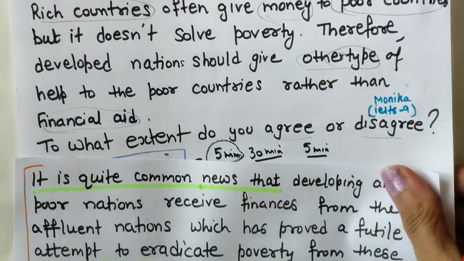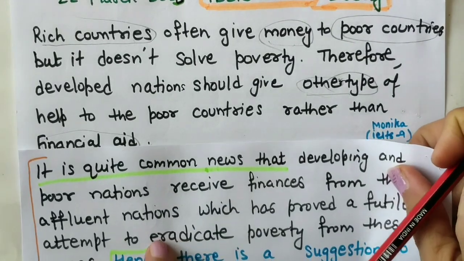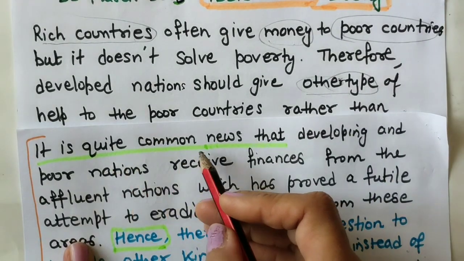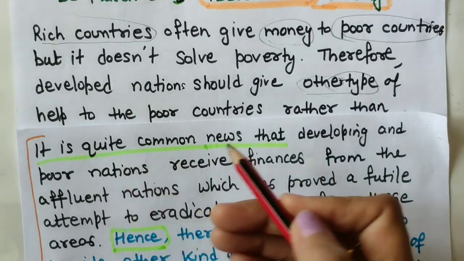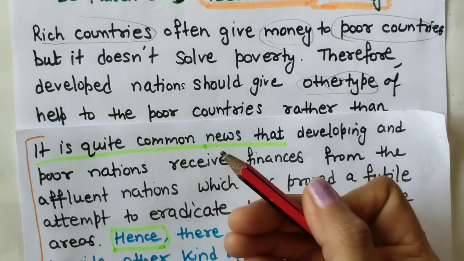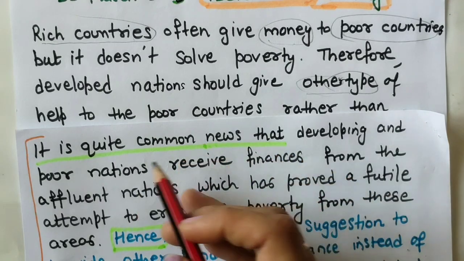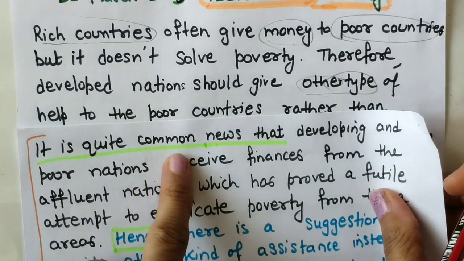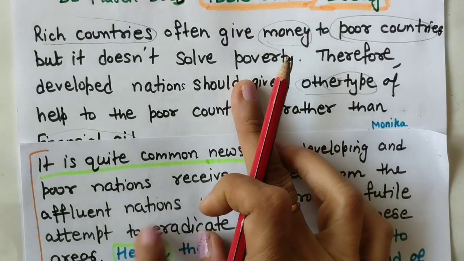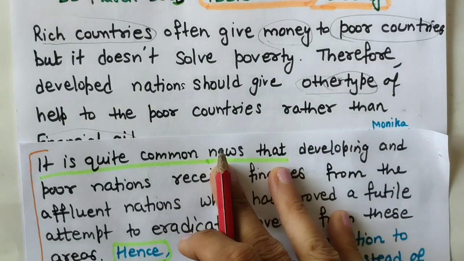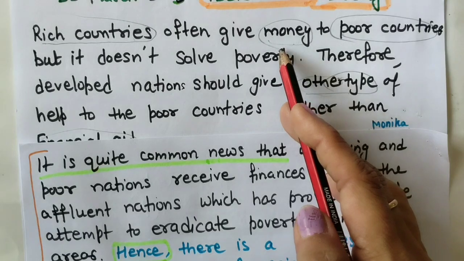So let's start with paraphrasing of the question statement. You can see how I have done it in the introduction. You can start with it is true that, or it is often argued that. Just write according to the statement; don't blindly follow any other templates, just read the question statement.